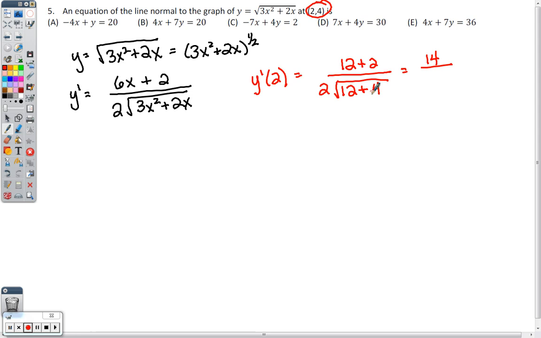The square root of 16 is 4. 2 times 4 is 8. It's looking like 7/4. Okay.